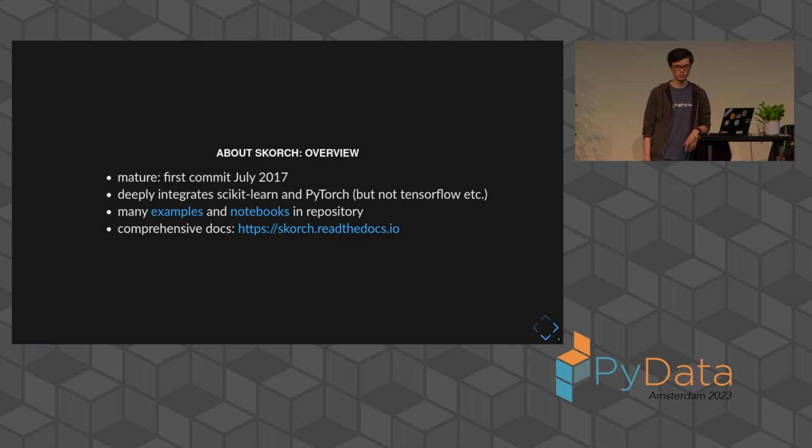And we built it because we were scratching our own itch, because we wanted to use PyTorch, but with the scikit-learn API, and this is what Skorch provides. It's really built on PyTorch, so it doesn't have multiple backends like TensorFlow, but it's still very versatile, so you can check out the examples and the docs if you're interested in learning more.